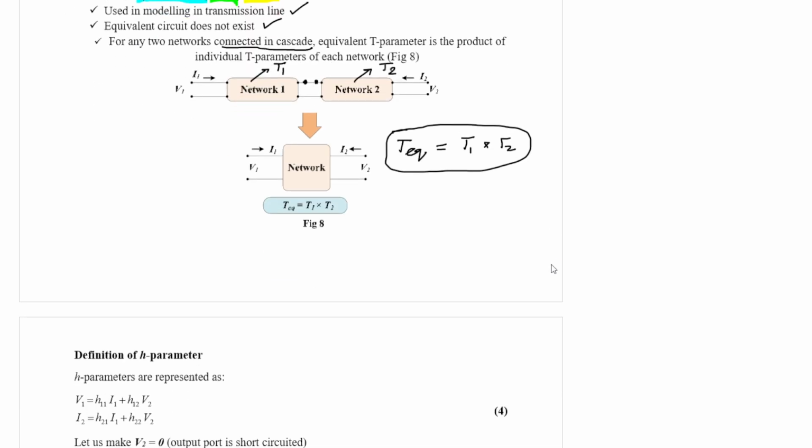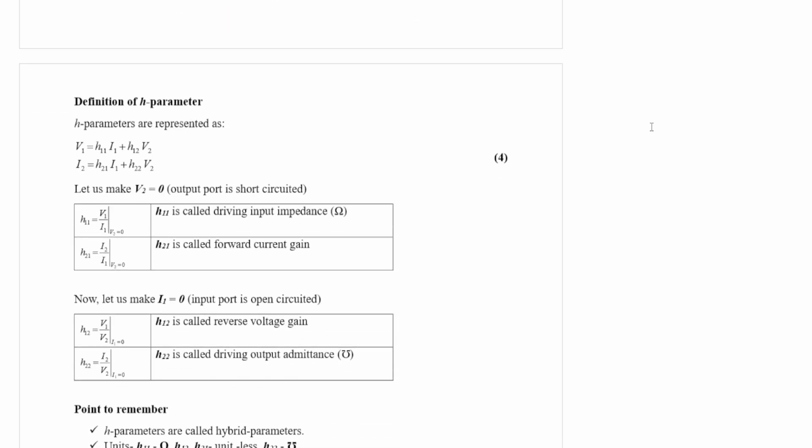Now let us have the final parameter, which is called the hybrid parameter. H here stands for hybrid. Why hybrid? As already discussed in the previous section, we have done some mix and match.